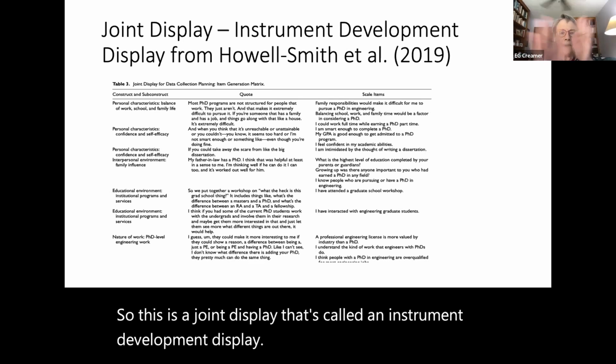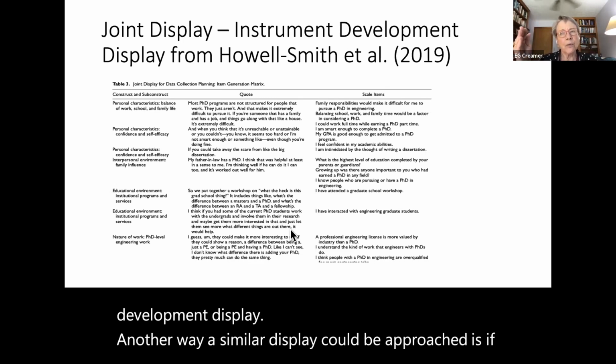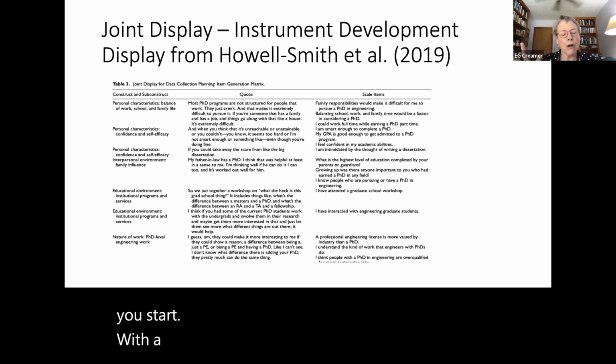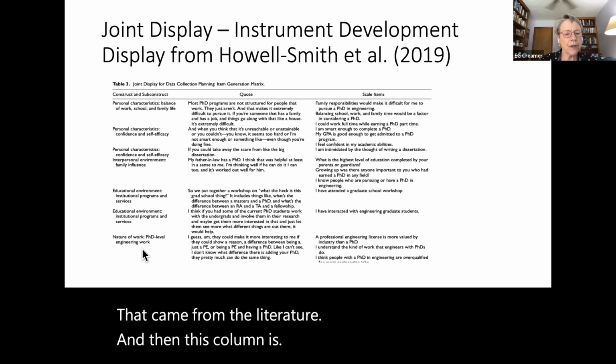Now, another way a similar display could be approached is if you start with a theoretical framework that came from the literature. And then this column is items from the literature.